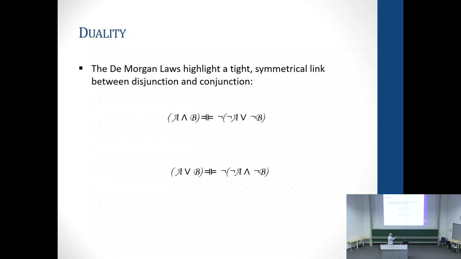Similarly, the disjunction can be mapped back to this structure. Now, the neat thing is that this goes both ways. Whenever you have a conjunction, you can turn it into something with just negations and disjunctions. Whenever you have a disjunction, you can turn it into something with just conjunction and negation.